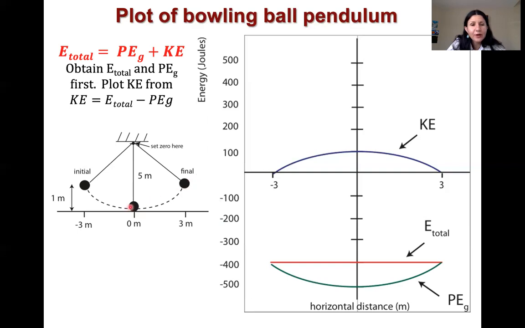That's when the biggest change in potential energy happens, so you have to have the biggest change in kinetic energy, so the maximum speed. But again, you could just take these 2 points and subtract them, minus 400, minus 500, so you get plus 100, so that's your maximum kinetic energy.